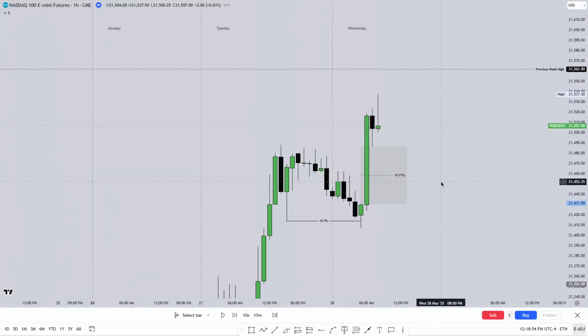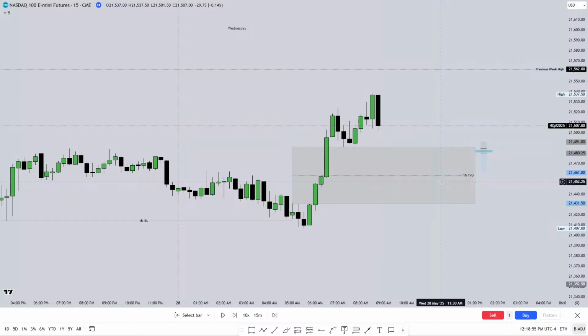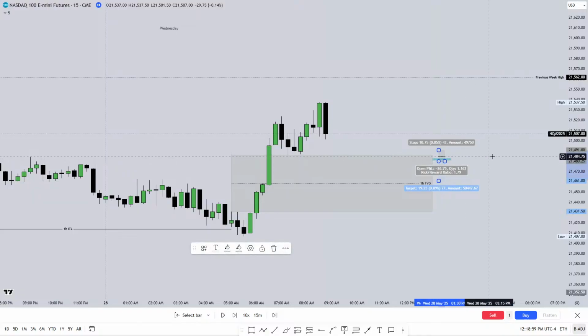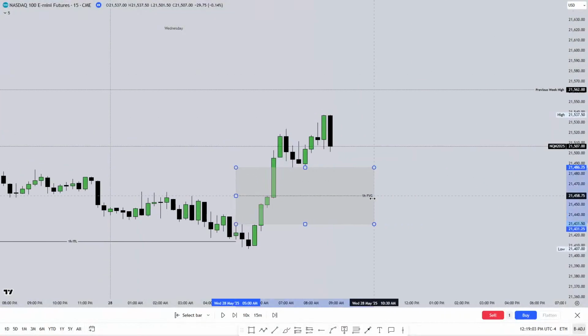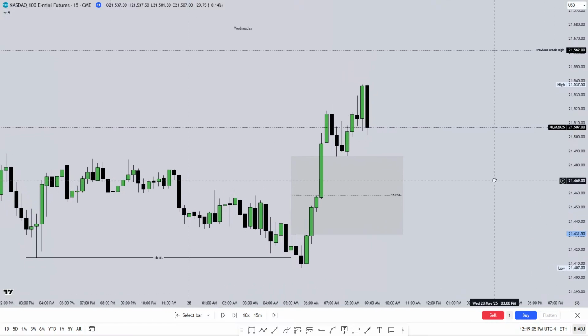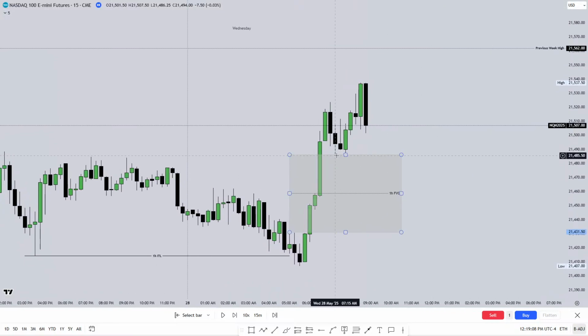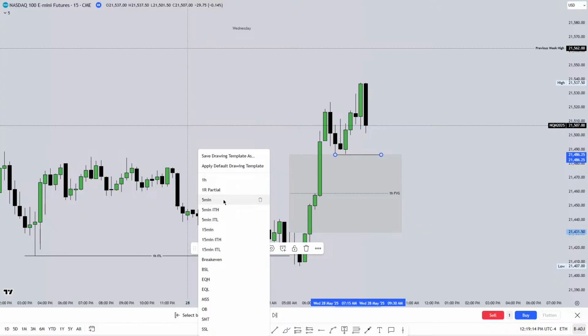I'm going to see what the 15 minutes is telling me here as well. We have these relative equal lows right here, and it's an internal low.